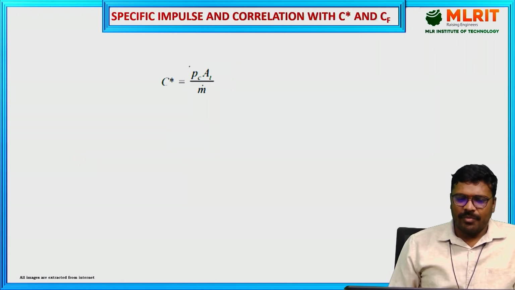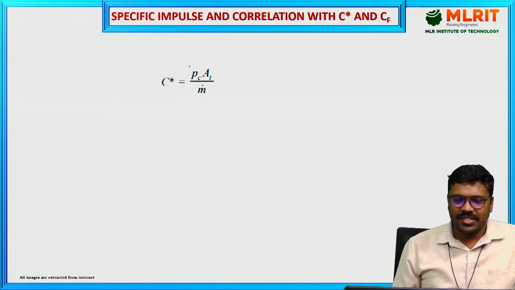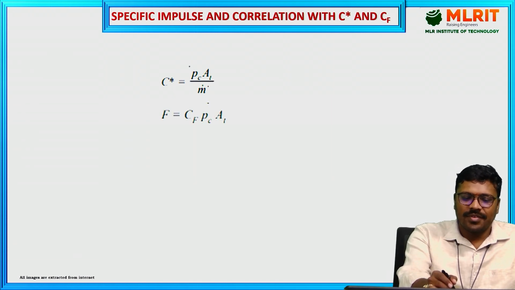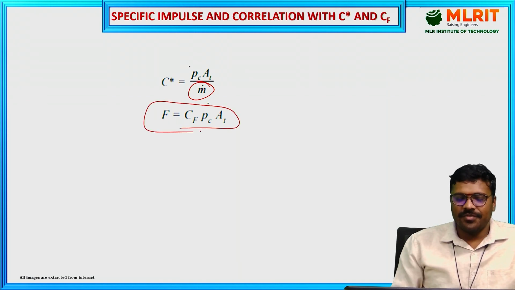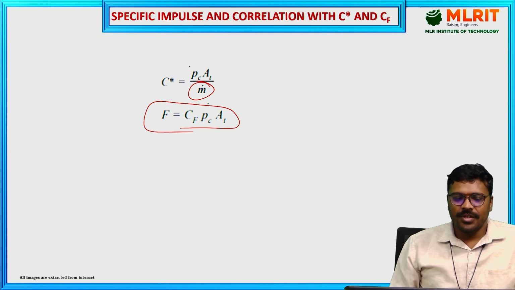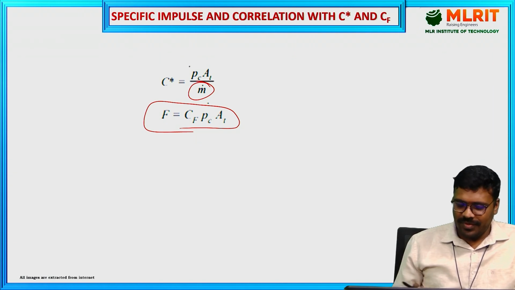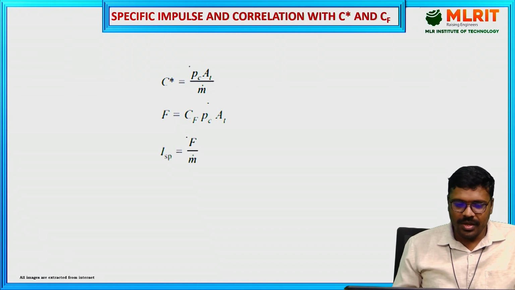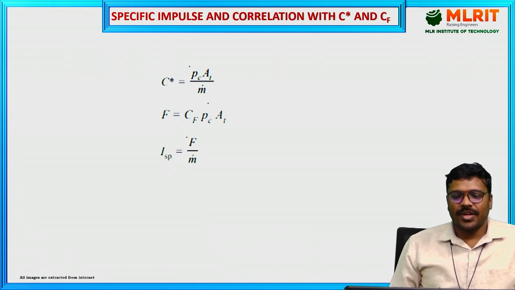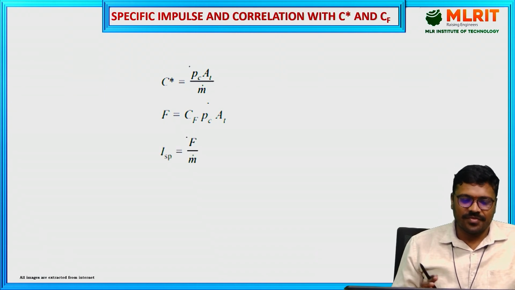Coming to the characteristic velocity, it is given as C star equal to PC AT divided by m dot. From this we can write F equal to CF into PC into AT, from the above equation which we have derived. Next, from this we can also write the equation for specific impulse.